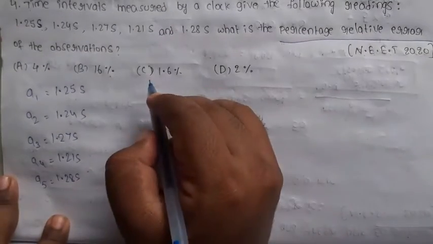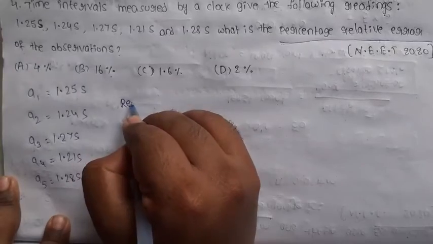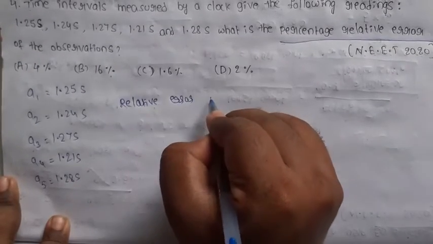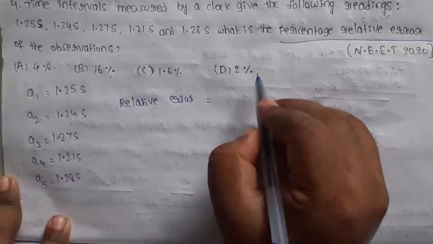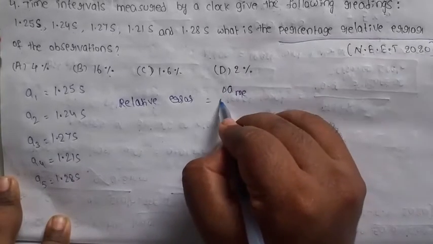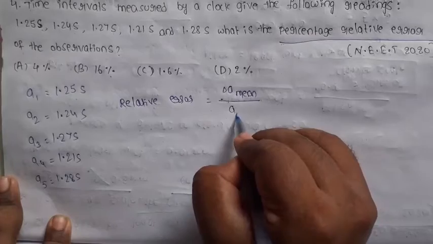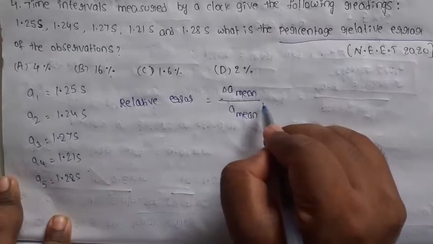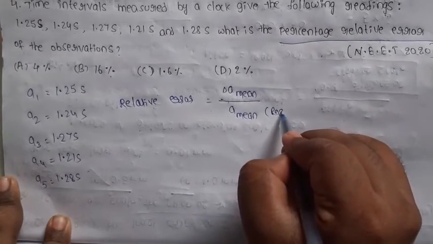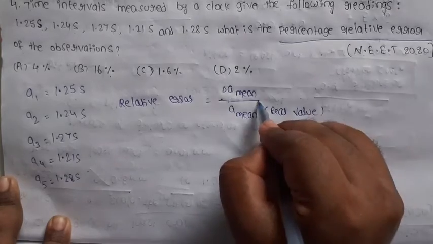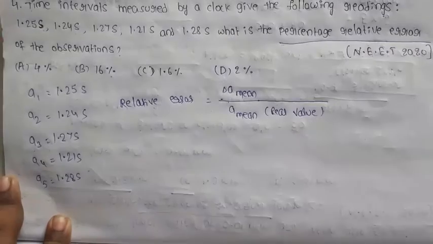So I am going to find the relative error. Relative error is equal to delta A mean by A mean. What is meant by A mean? It is the real value or accurate value or original value.